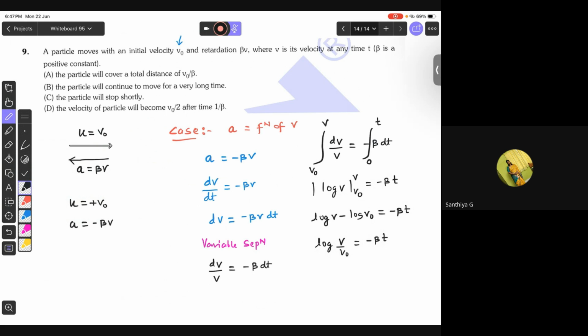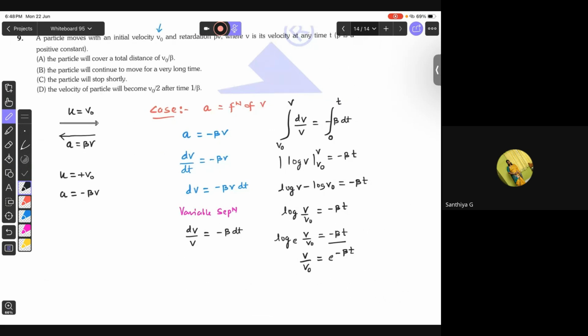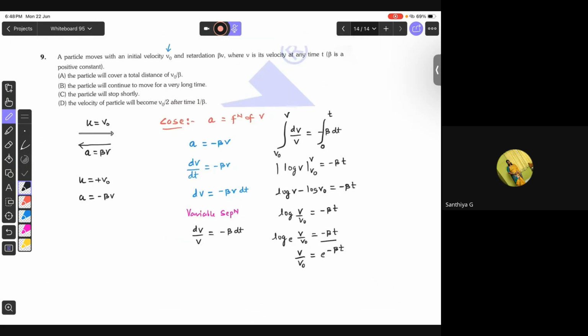The log is base e, so I will put the RHS in power of e. So we get v by v naught equals e to the power minus beta t.